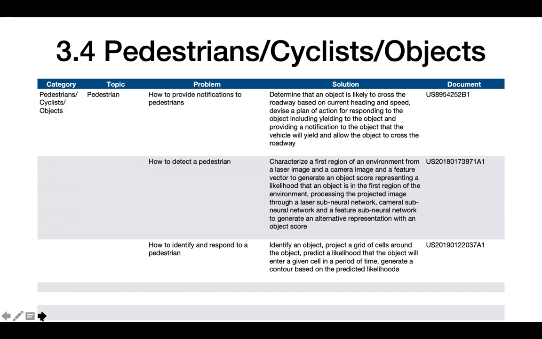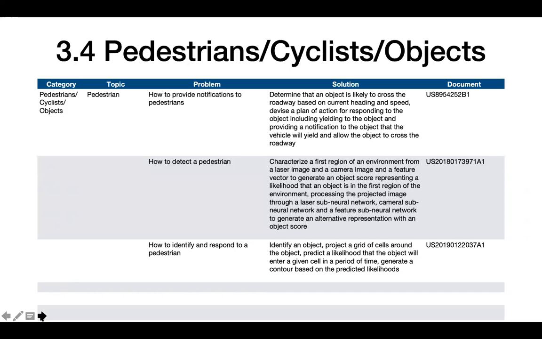How do I detect a pedestrian? The second one here: characterize a first region of the environment using a laser image and a camera image and a feature vector to generate an object score. We should call this a pedestrian score, representing the likelihood that they are in a region of the environment that we care about and need to respond to. That is how I will summarize that.